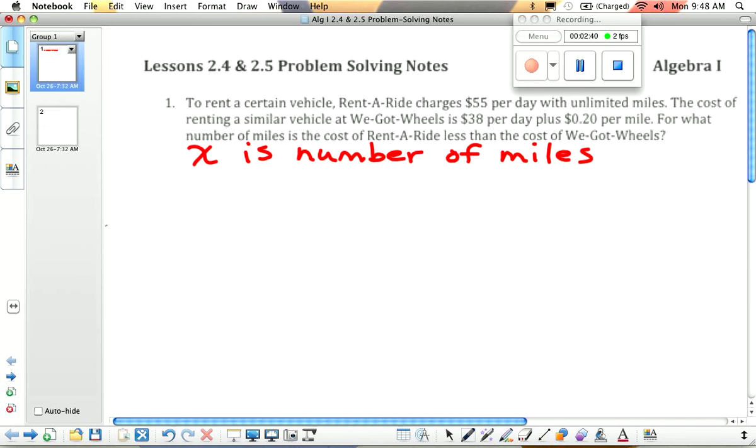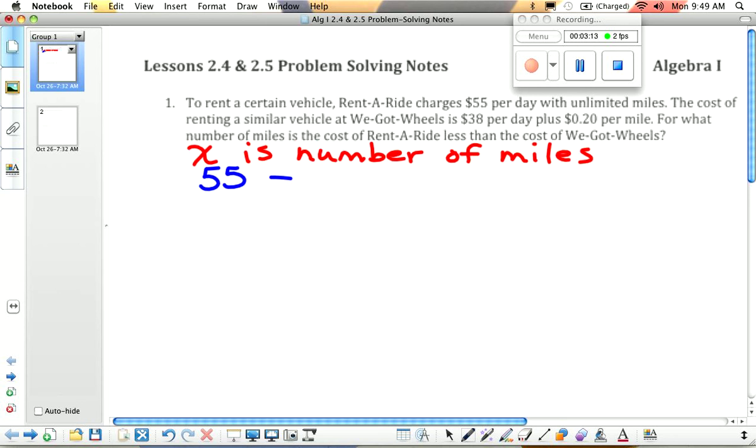So let's first determine what would represent the cost for renting from Rent a Ride. What kind of an expression could we set up that would help us find the cost for Rent a Ride based on x number of miles? That's all they charge, isn't it? $55.